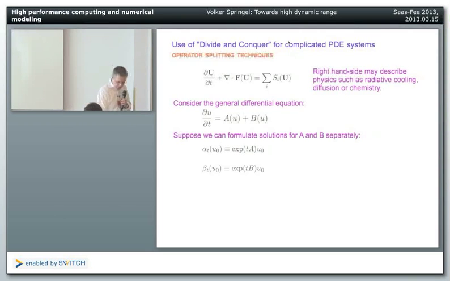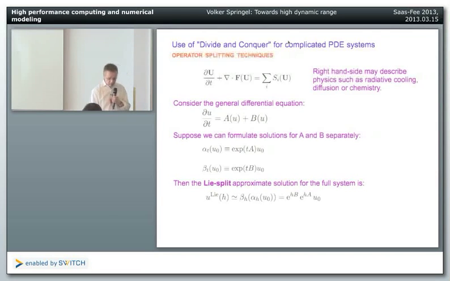Then the conjecture of operator splitting techniques is this: the so-called Lie split approximate solution for the full system, that is the original equation, is given by first evolving under A, and then evolving whatever comes out of that again under B. So you plug in what the evolution of A gave you over a time step h, starting in u0, and whatever comes out of that, you plug into the evolution under B. That is my approximation to what comes out of the real system.